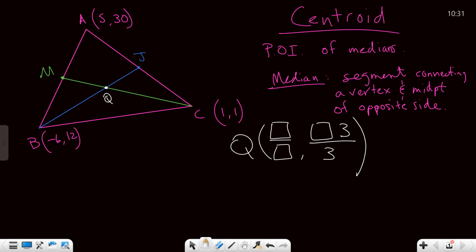Okay, this is already getting very messy. Then what's the other one? And that's like the MC. What'd you get? Okay, so now we're going to make an equation.